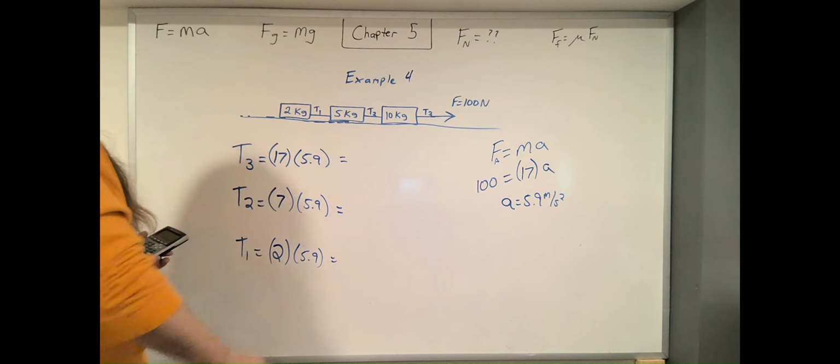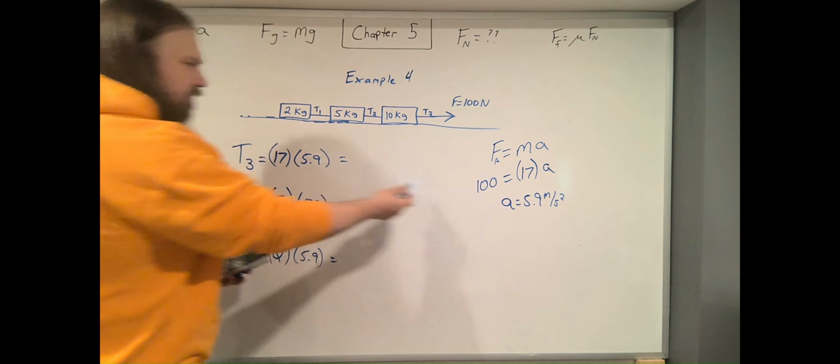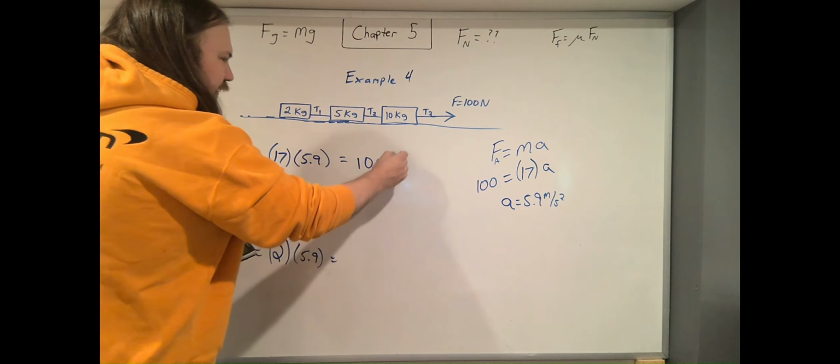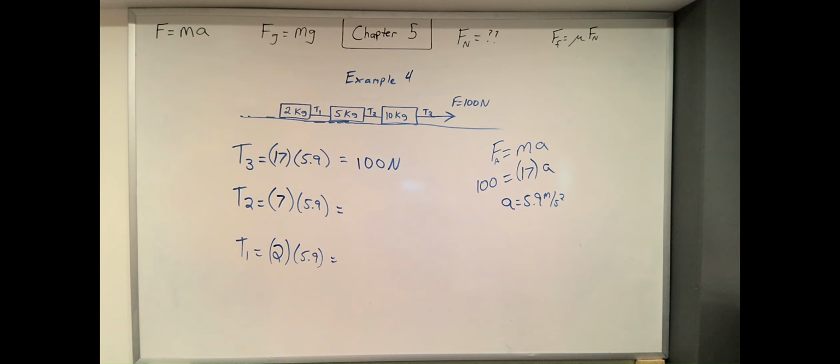Which means this, 17 times the 5.9, if we left everything out, is right around 100 newtons. You might get a slightly different number because we did some rounding, but it should be right around 100 newtons in that first rope, that first tension.